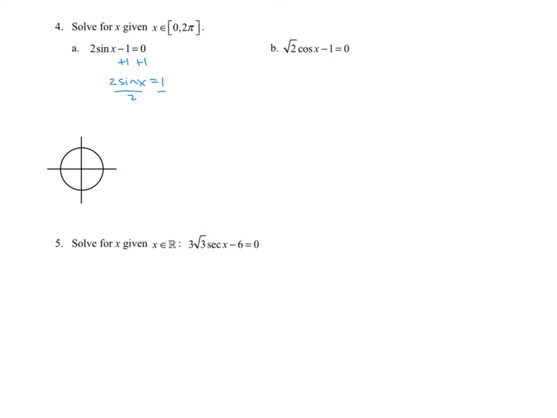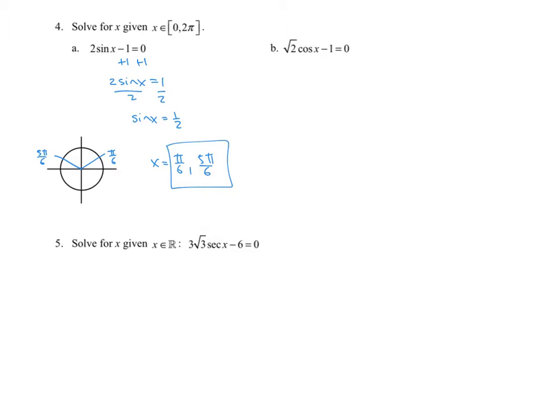Then I divide both sides by 2, and sine x equals 1/2. Now I go to my unit circle, and I think between 0 and 2 pi, where is sine x equal to 1/2? That's going to be at pi over 6 and 5 pi over 6. And those would be the only values between 0 and 2 pi where the y-coordinate is 1/2.